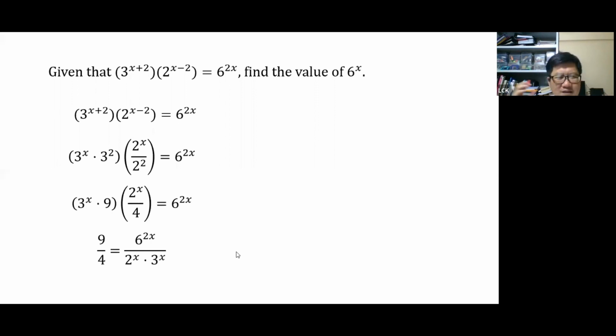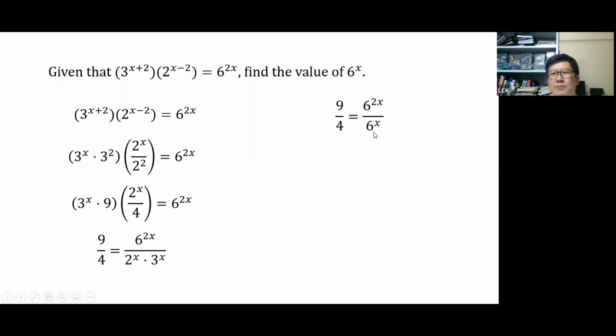And most of the time, math is like this. You've got to be clear, you've got to do some separating, you've got to put it in different boxes. And the boxes here mean different sides of the equal sign. All right. So here 9 over 4 equals 6 to the power of 2x is here. And here, x and x is the same power, so we can multiply 2 times 3, we get 6 to the power of x here.